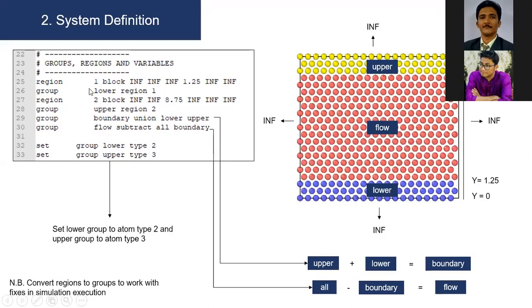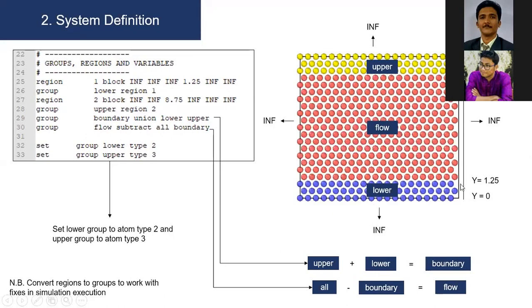You can see that for the first region, 1 is the name of the region. It doesn't mean anything, it is just the name, and later when we call the region, we have to call it by its name. So region 1, again a block type region, a rectangular region. Then these are X low and X high, which are infinite values.